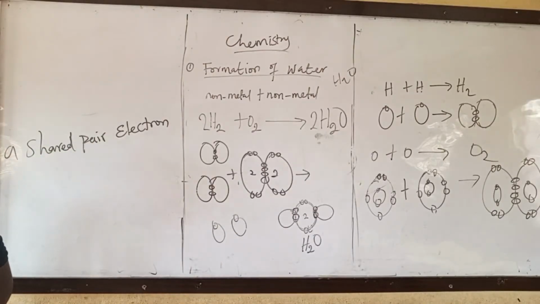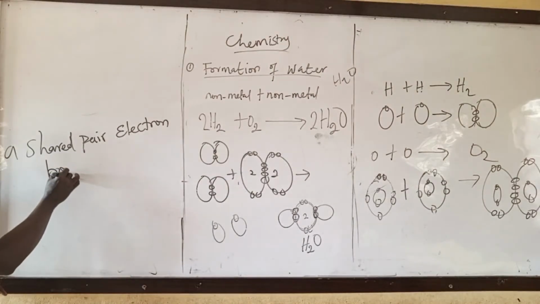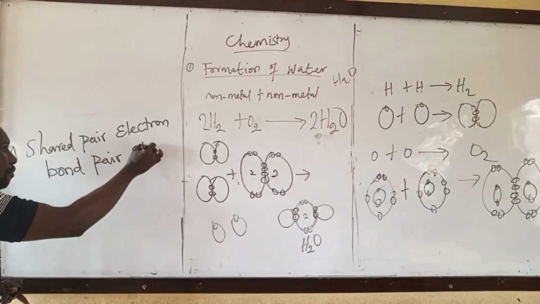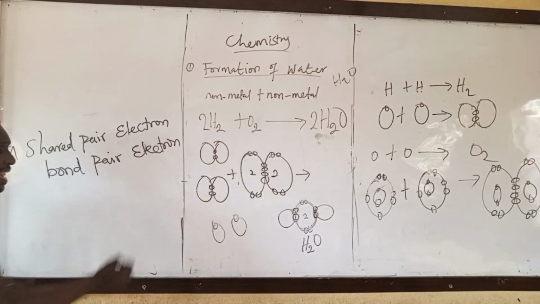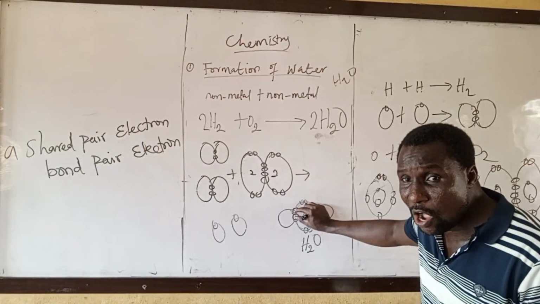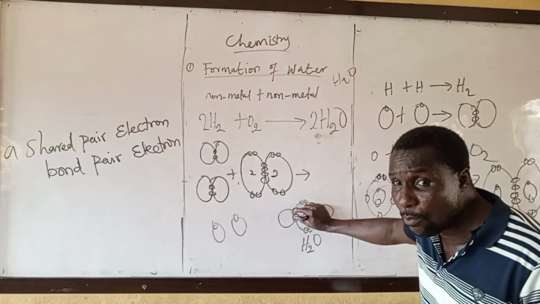Two. And this shared pair electron is also called a bond pair electron. A bond pair electron means how many electrons? Two, that is shared.